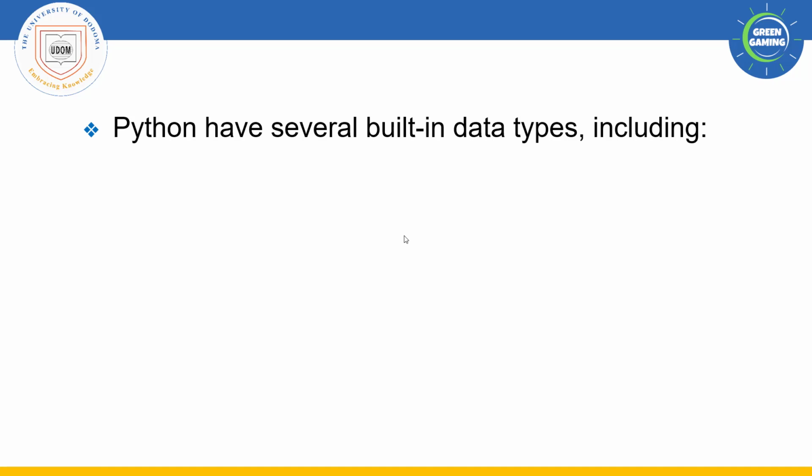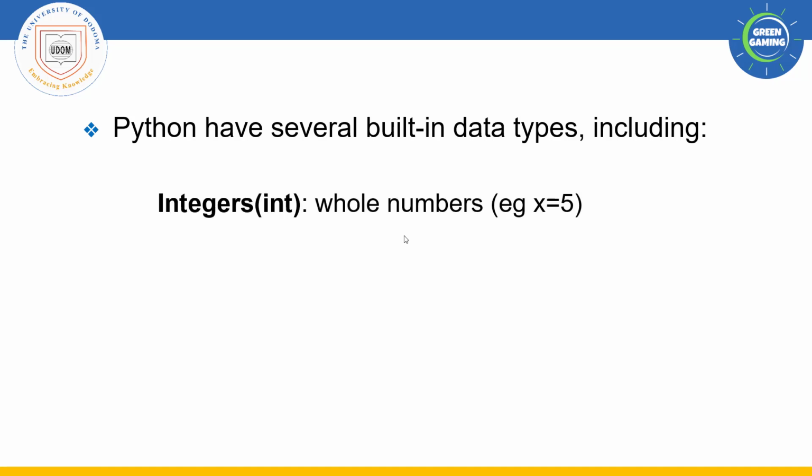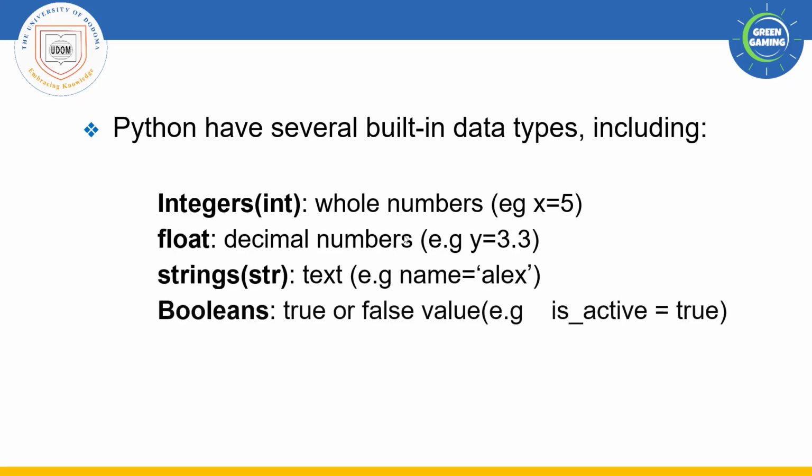Also, Python has several built-in data types, including integers, floats, strings, and booleans. Integers include those whole numbers, 1 up to 10, any number which doesn't have a decimal, that is called integers. Floats are those numbers with a decimal point. String, any kind of text. Booleans can either be true or false. So those are built-in data types in Python.